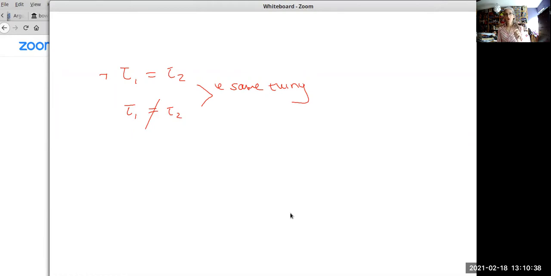The other thing worth noting is that if we want to apply the rule of transitivity, order matters. Suppose I have tau 1 equals tau 2 on line I, and on line J, I have tau 3 equals tau 2. I can't apply transitivity directly here, because it's not of the form 1 equals 2, 2 equals 3.